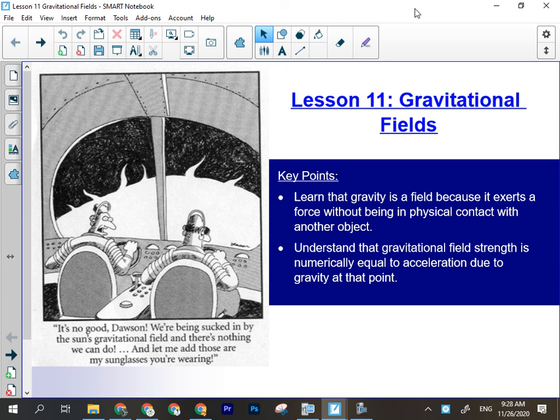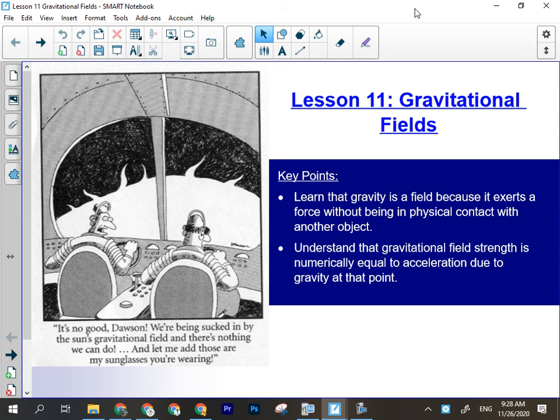The way a field force is different is that all the other forces we've talked about, other than gravity, are contact forces. That means in order to exert a force, they actually have to be in either direct or indirect physical contact with the other object. Direct being they're actually physically touching. Indirect being they're attached to each other by something, like a rope or a cable. So there has to be a contact between contact forces.